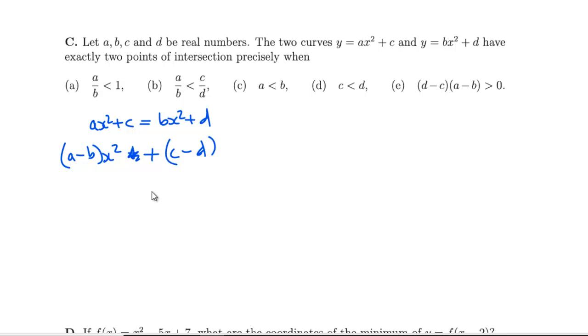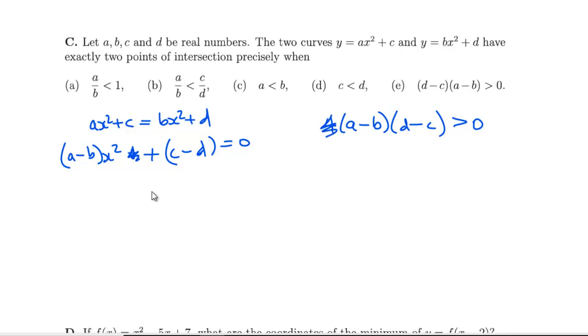Put that in brackets, is equal to 0. We want 2 solutions, so we need our b squared, which is 0, minus the 4ac. So we've got 4 a minus b, we've got a minus, so d minus c. That has to be greater than 0.